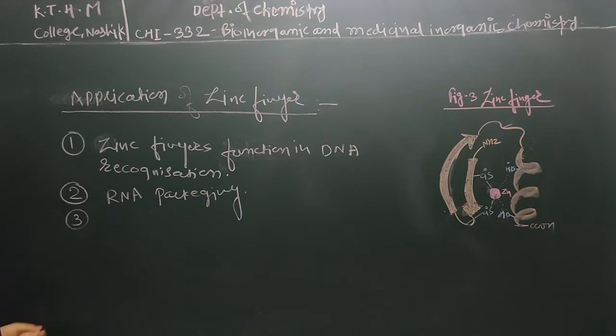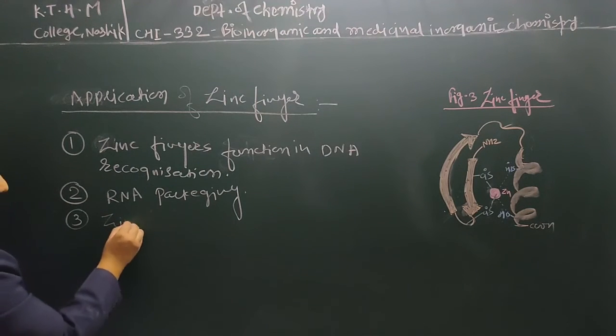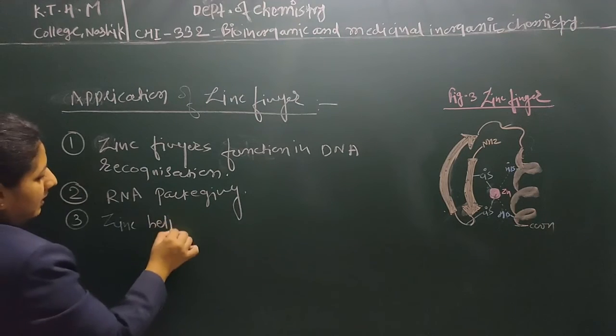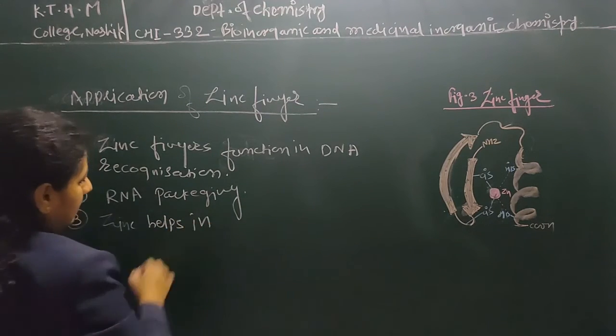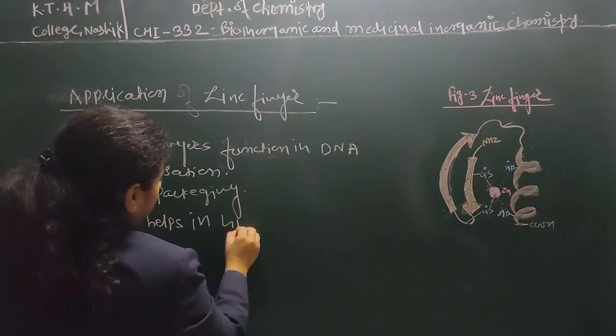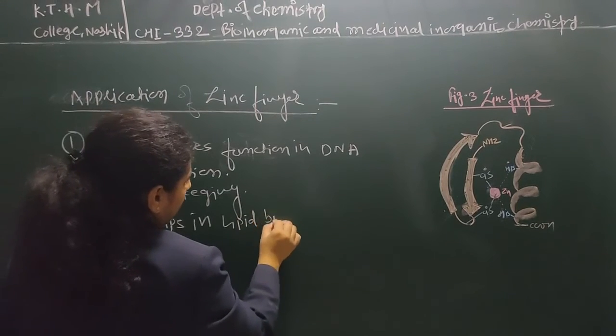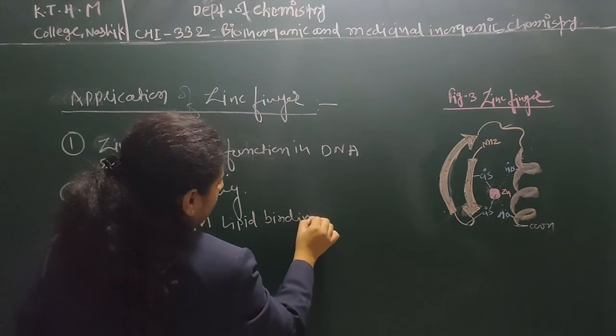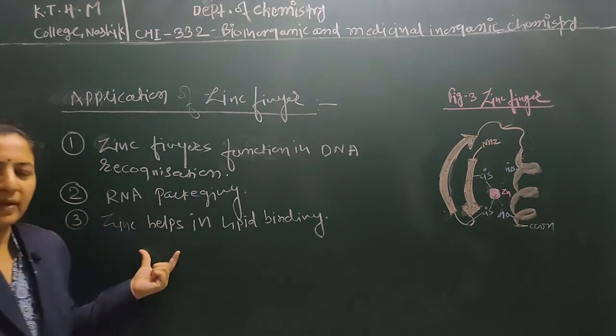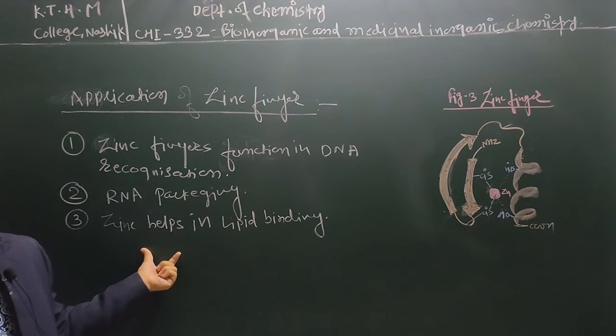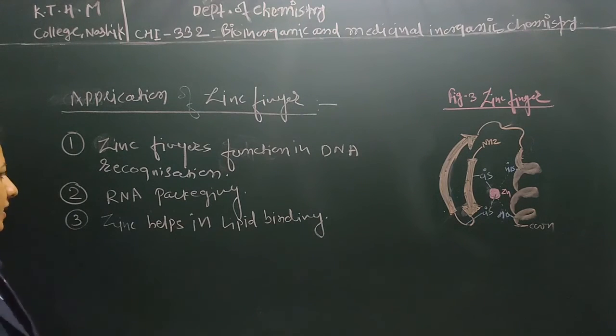Again, the next application is that zinc finger helps in lipid binding. We know that lipid binding is very important for the digestion of proteins. So zinc finger also helps in lipid binding.